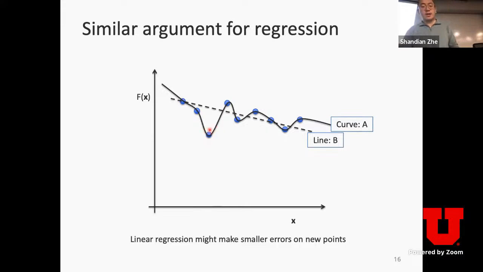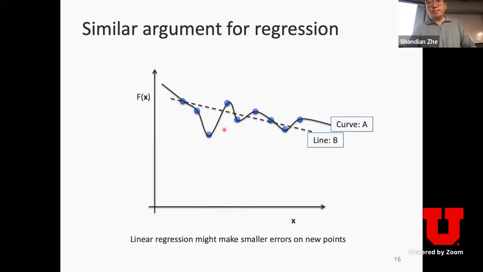It usually means that this point is an outlier, corrupted by some noise. That's why it seems abnormally far away from all the other training data points. And in this case, if you still train a very expressive model to perfectly fit these outliers, that usually doesn't mean good things, because you're misguided by these outliers, which are highly likely to be corrupted by some noise.